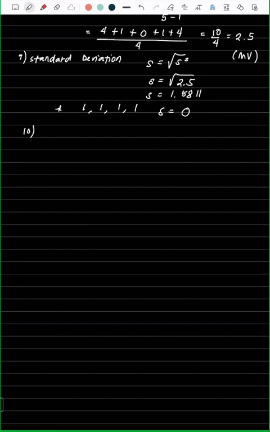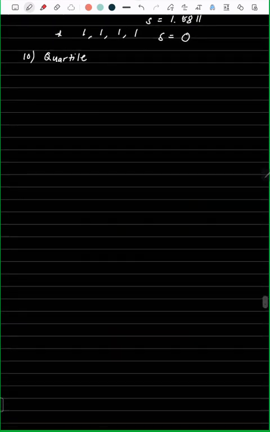All right, so number 9. Number 10 would be determining the measures of position. In the measures of position, there are three kinds of measures of position. Okay, what do I mean? There are three kinds.